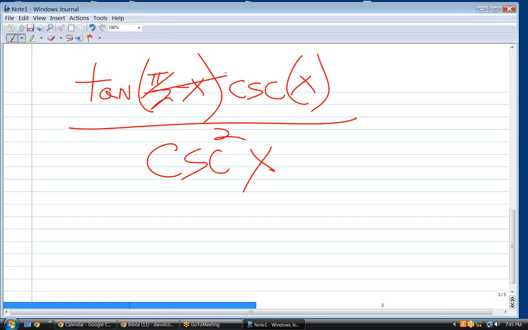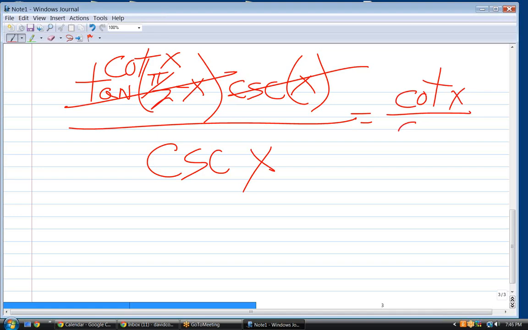Well, I'm going to replace this with cotangent of x. This just knocks down the exponent by 1. So now I have cotangent x over cosecant x.